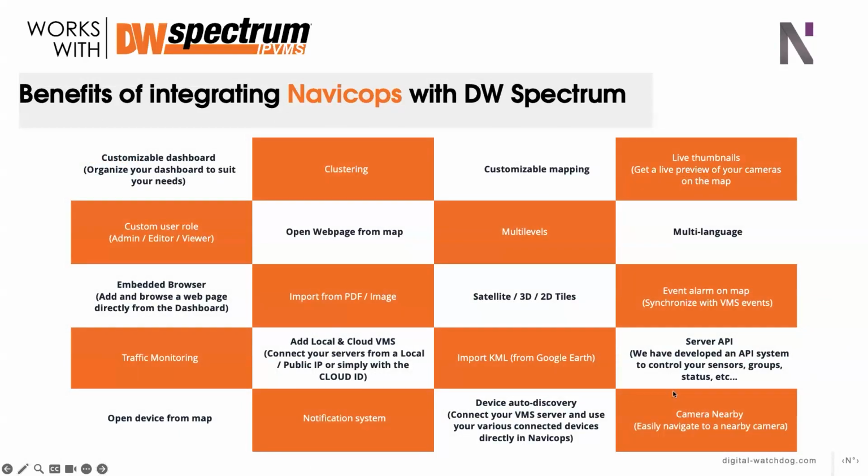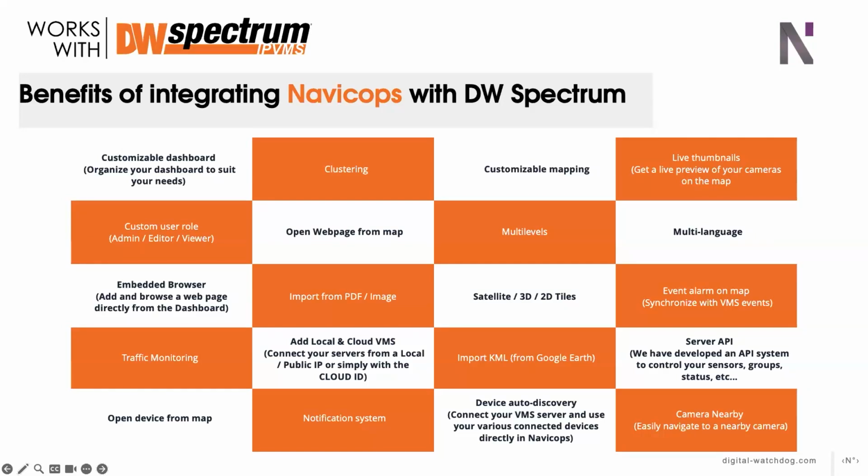So what are the benefits of integrating Navicops with Digital Watchdog? First, you have a customizable dashboard that allows you to have a quick view of your whole system. We are currently developing clustering in the map. It will allow you to have maybe 1,000 cameras on one map, and it will be fast to move from one camera to another.